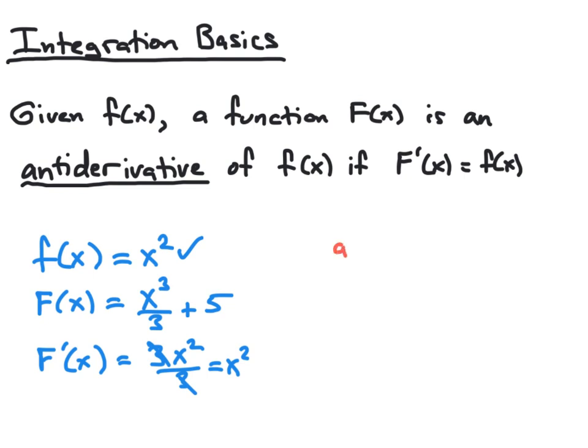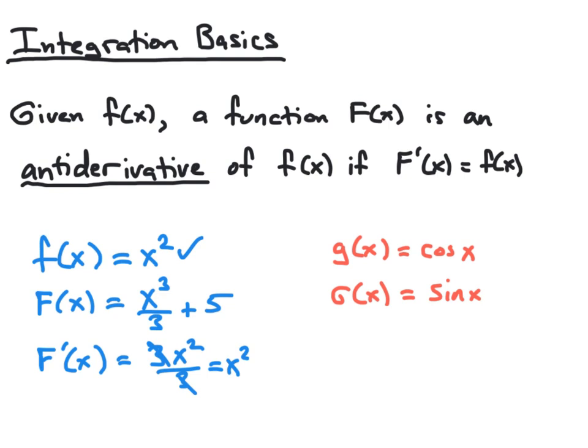To see another quick example, let's suppose g of x is equal to cosine of x, and we wanted to find an antiderivative, capital G of x, for this function. In order to do this, we think back to our elementary derivatives, and we realize that the derivative of sine x is cosine of x. And so one possible antiderivative would be the function sine x.